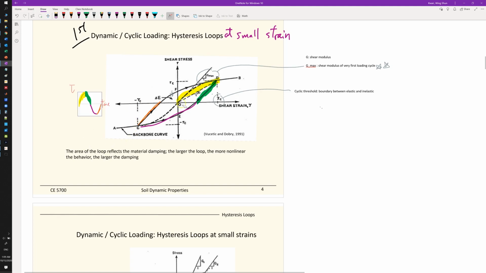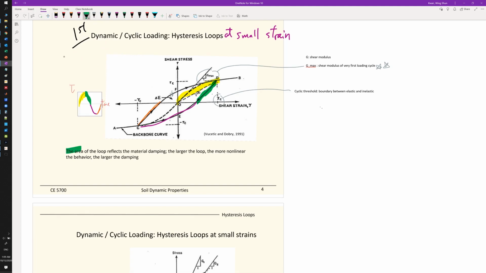And another thing, we talked about G. The other very important parameter for soil dynamic properties is the damping, and the damping is the area.